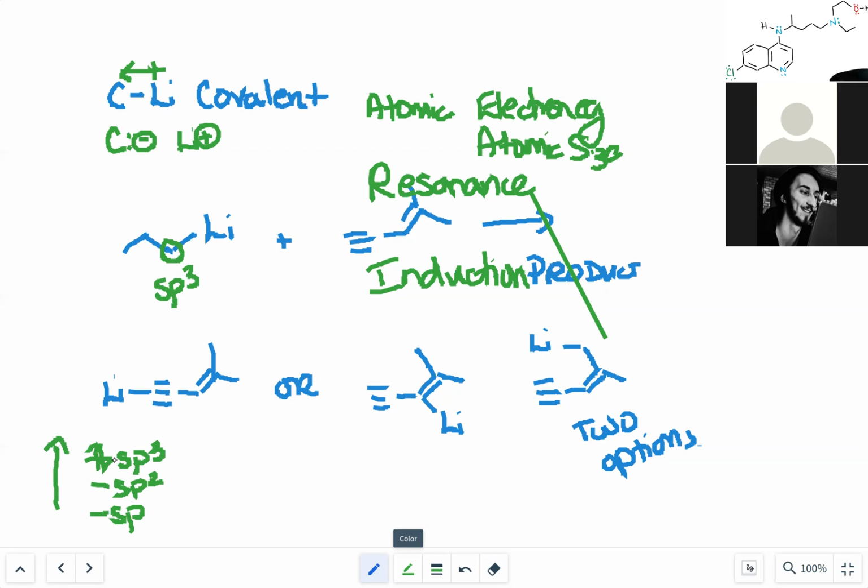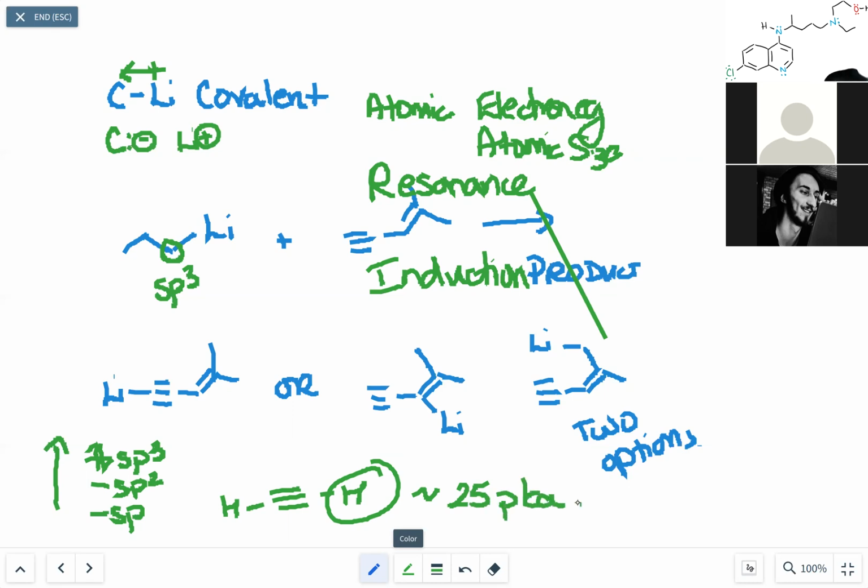As you change the hybridization, it goes down and down. So acetylene, the simplest, has a pKa of approximately 22 to 25, whereas methane is up at 50. There's a massive difference in acidity. So a negative charge on an sp3 hybrid carbon is the most basic thing you can find.